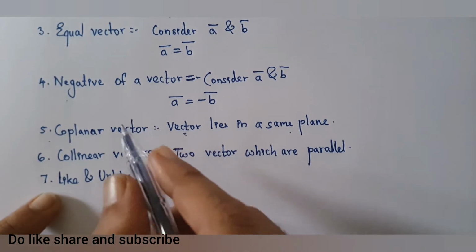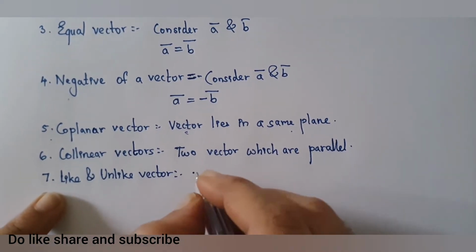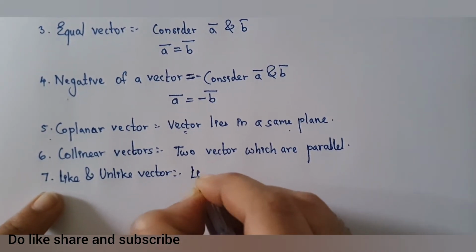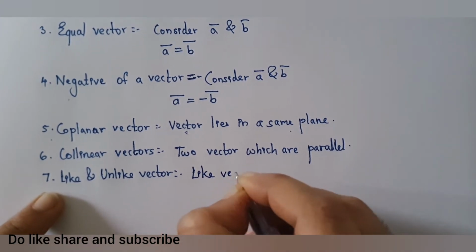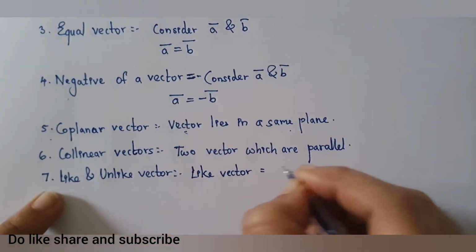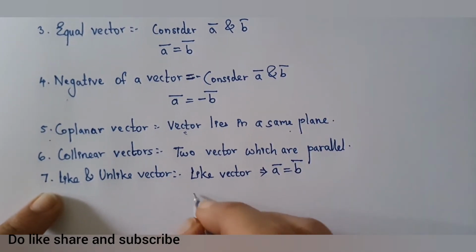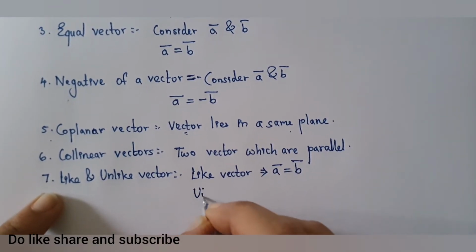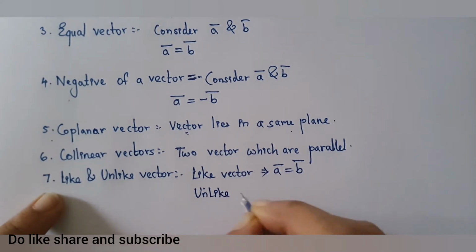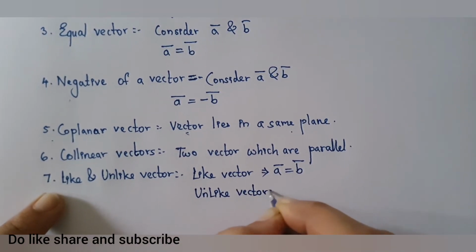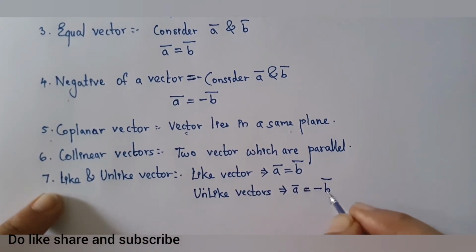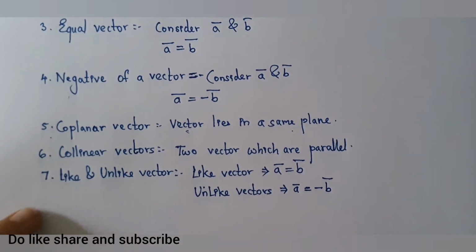Same as negative vectors and equal vectors. So like vectors imply a bar is equal to b bar, and unlike vectors imply a bar is equal to negative of b bar.